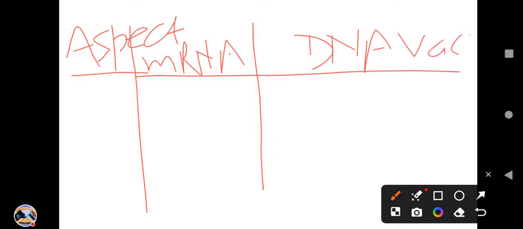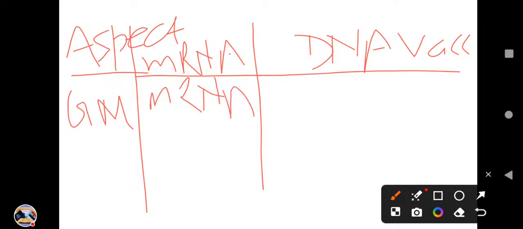Okay. On the aspect side, write genetic material. The mRNA vaccine uses messenger RNA as genetic material. Okay, and the genetic material in DNA vaccine is DNA.